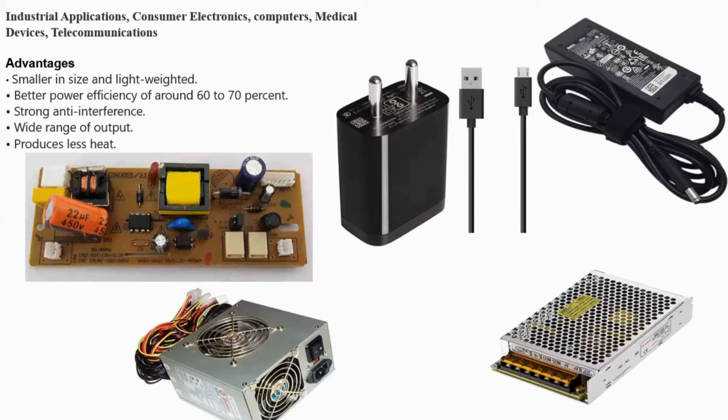It is smaller in size and lighter in weight, like your mobile phone chargers. They are very light, no? Fast chargers, mobile phone chargers, you can see here I have given a diagram; inside, we use an SMPS circuit. It has better power efficiency, around 60 to 70%. Efficiency is very good, and that is the main reason.